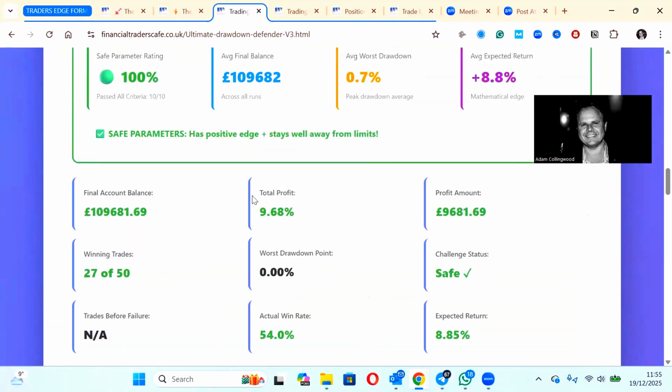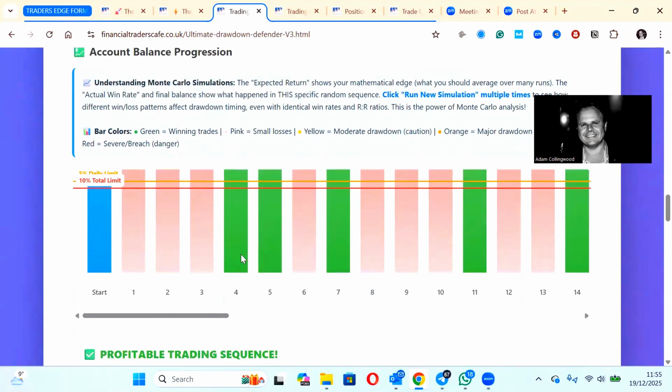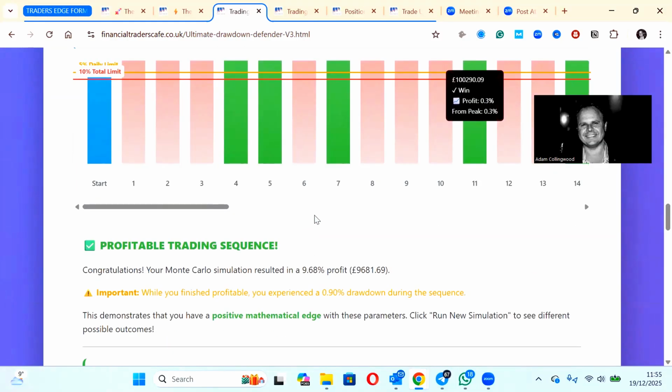And when I say the worst drawdown, what I mean by that is that you can go into here. Every time you click that button, you will see a completely different Monte Carlo sequence, because we'll swap all of those around all the time, because you'll get winning, losing trades, winning, losing streaks, etc. All right. And then on every single one that we press, it will tell you profitable trading sequence.